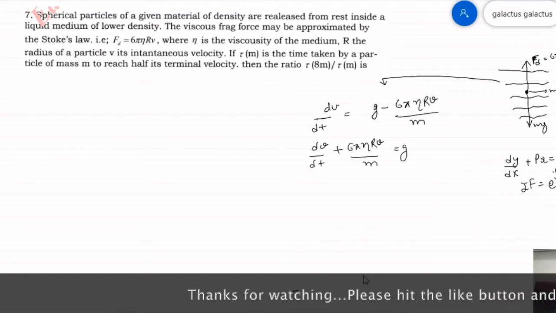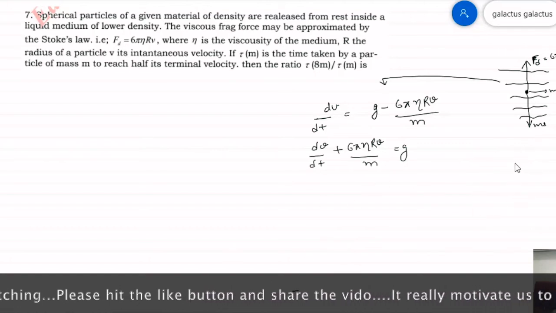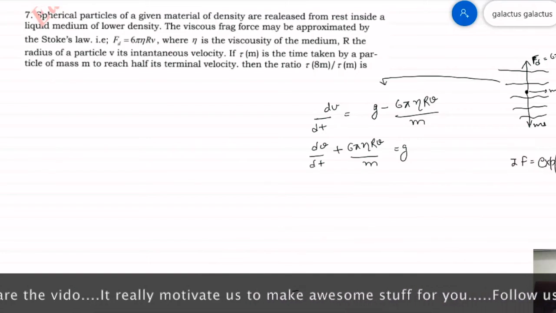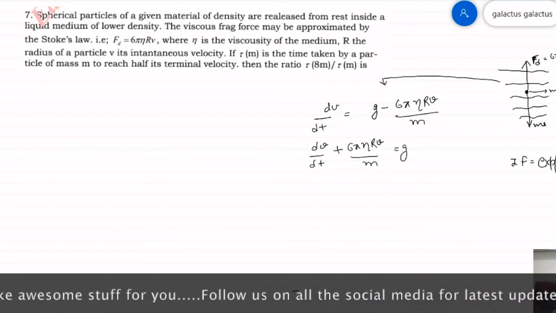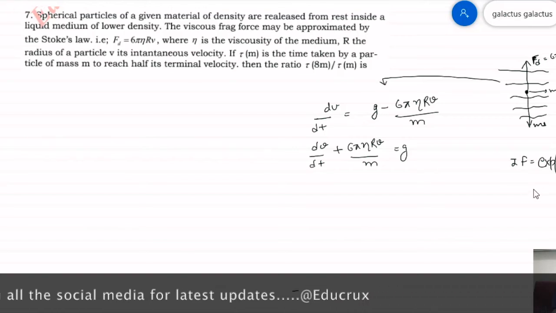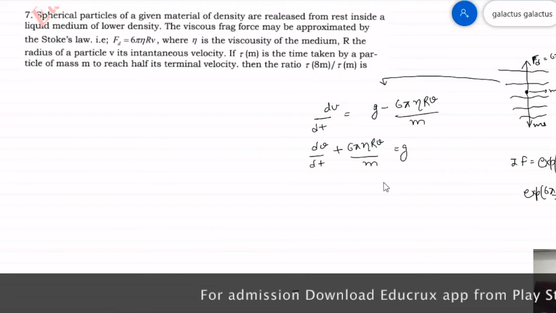So to calculate the integrating factor we have to do e to the power integration of 6 pi eta r by m dt. If I integrate it with respect to time, this will turn out to be 6 pi eta r by m into t.